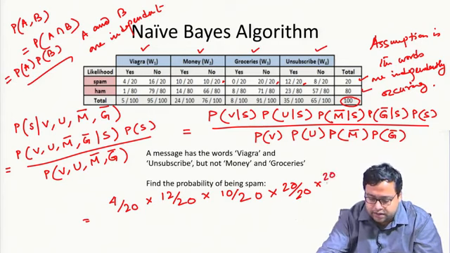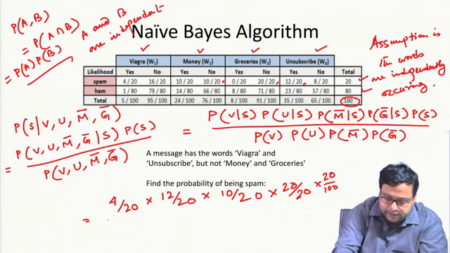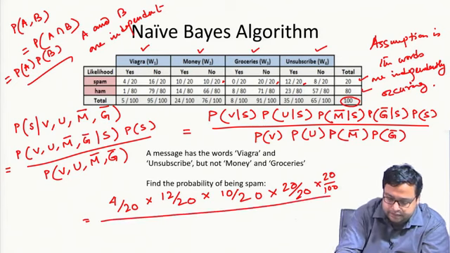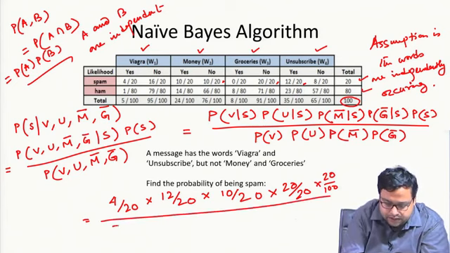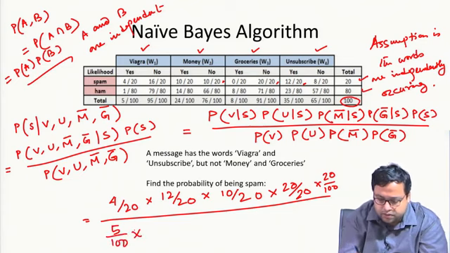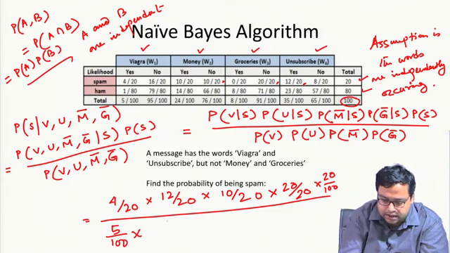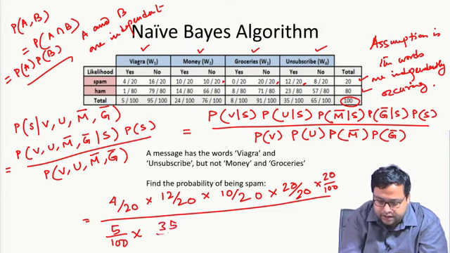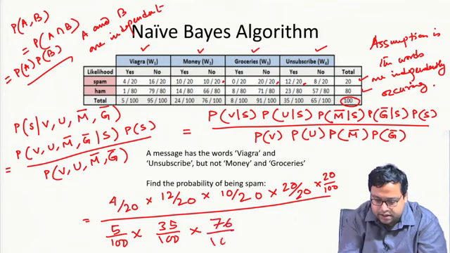That is 20 by 100, divided by P of V, which is 5 by 100, into P of U, which is 35 by 100, into 76 by 100 into 91 by 100.